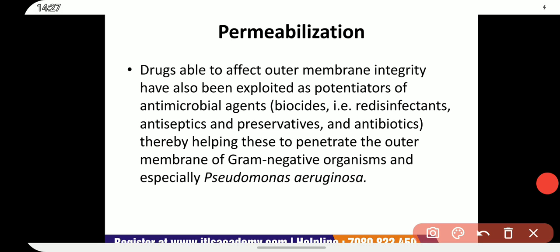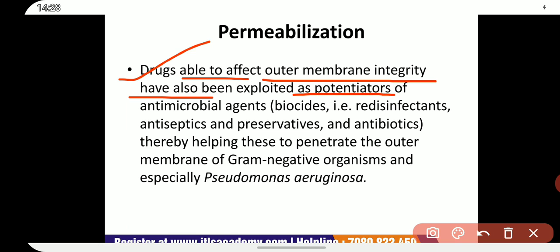Next point is permeabilization. What is permeabilization? Drugs able to affect outer membrane integrity have also been exploited as potentiators of antimicrobial agents, that is, biocides.